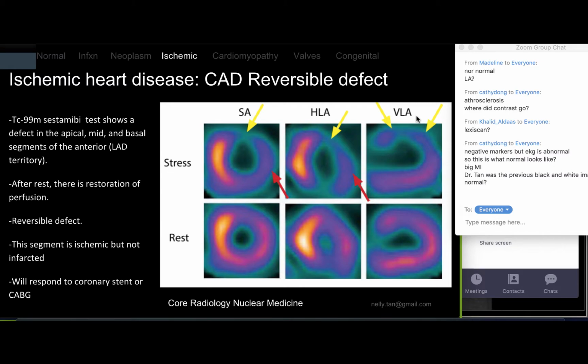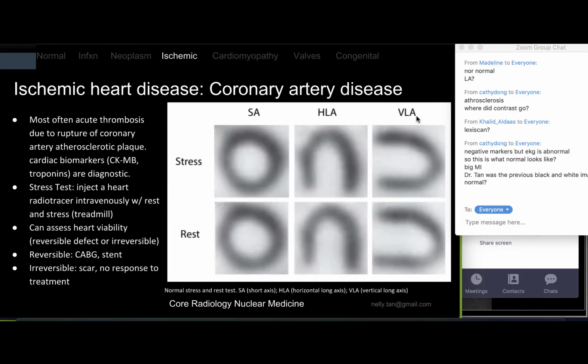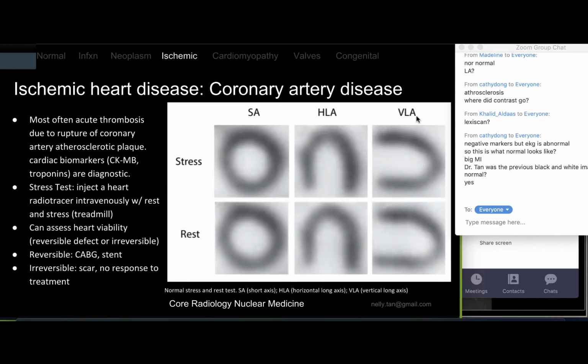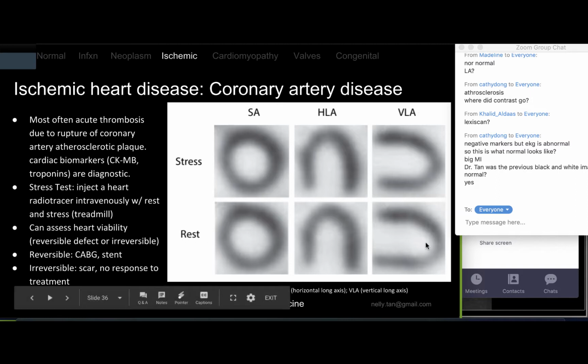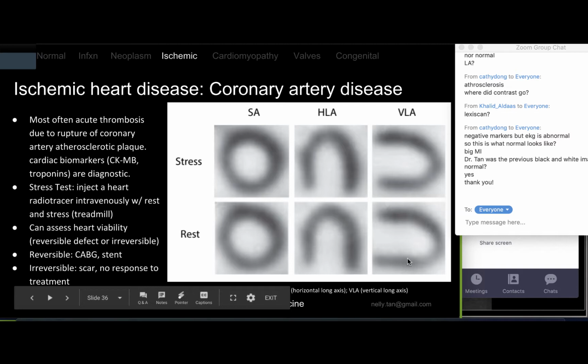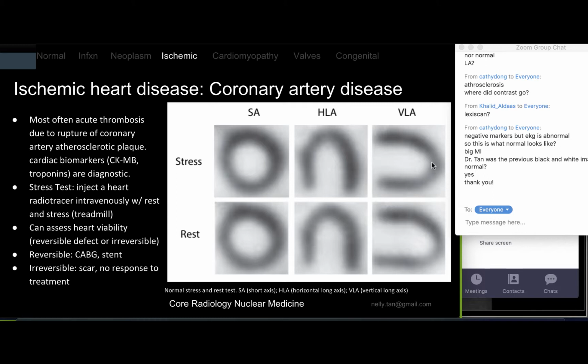So the question is, was the previous black and white image normal? This one? Yes. So this is the normal stress test. At rest, there's normal radiotracer, and then at stress, the patient has normal flow response to stress, and so they vasodilate, and there's normal flow feeding the myocardium.